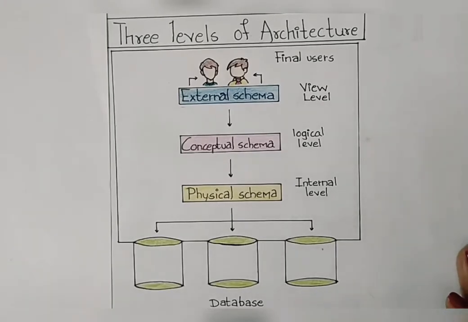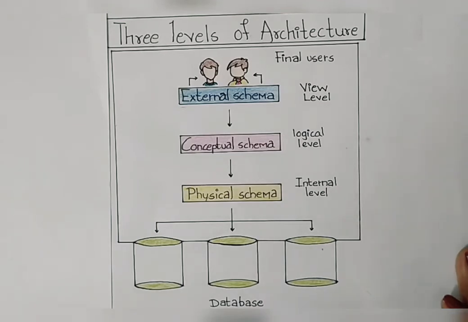The concept of data abstraction leads to data independence. It means data is independent in the levels of the architecture. So we have 3 levels of the architecture. So these 3 levels provide data independence.